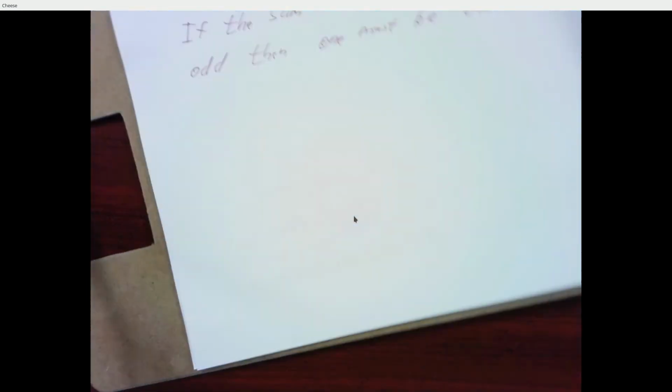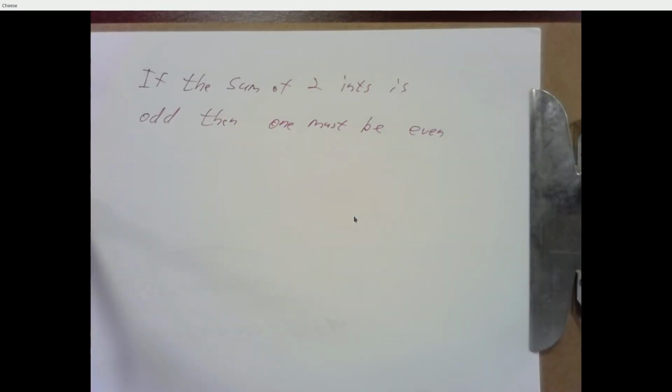Without using modular arithmetic, using a regular proof from before we got into number theory, try to show that if the sum of 2 integers is odd, then at least one of those integers must be even. And try to do this as a proof by contradiction.